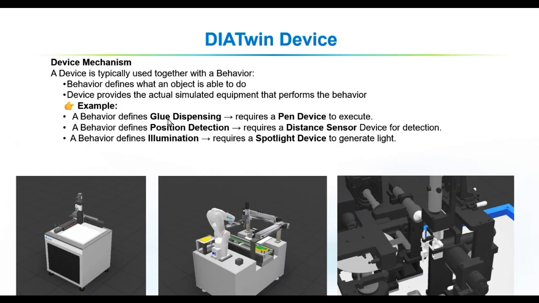If you want an action like dispensing, maybe it will be a pen device. If you want an action like position detection, maybe there will be a distance sensor. If you want illumination, maybe there will be a spotlight, like this.